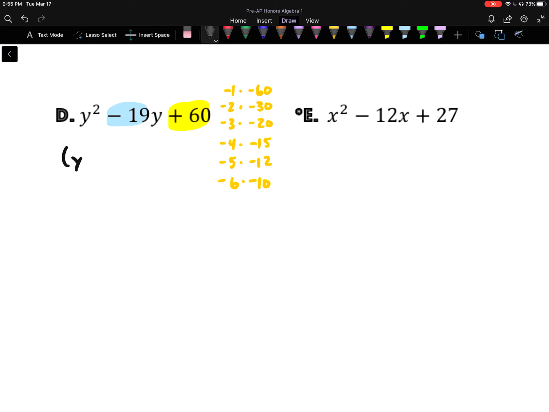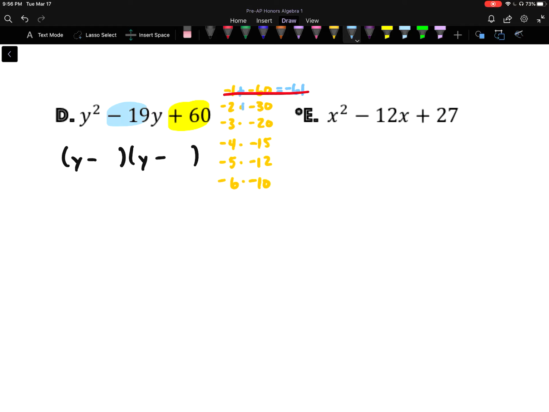We know that y is going to go in the first part of each parentheses. Both of them have to be negative, so we can put the minuses in there because a negative plus a negative is a larger negative, and a negative times a negative is a positive. So now when we add, negative 1 plus negative 60 is negative 61, not what we're looking for.